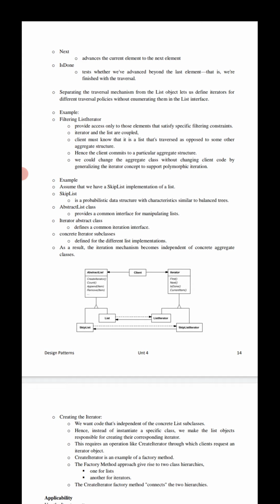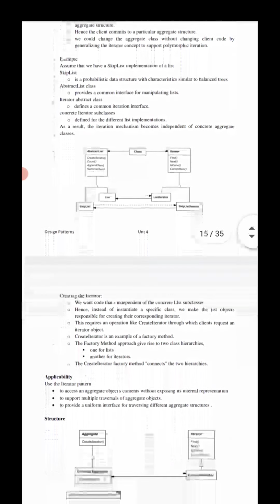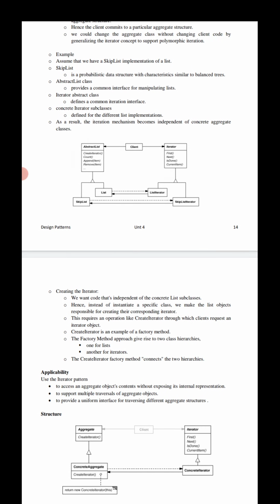We want to be able to write code that works for both the list object and the skip list object. So we define an abstract list class.